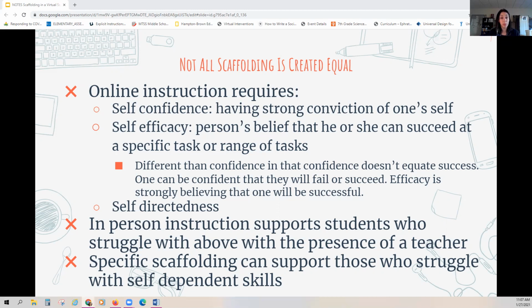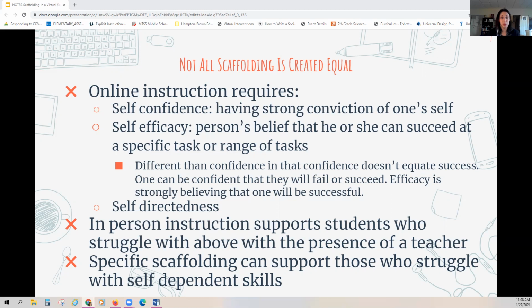When you have in-person instruction, sometimes you're not as reliant on those skills because there is an educator in the room who is putting forth a lot of that scaffolding in person. So you'll have that student who's off task and you'll tap on their desk, or you'll be able to really bolster a student's confidence in a positive way that will drive them to that self-efficacy.